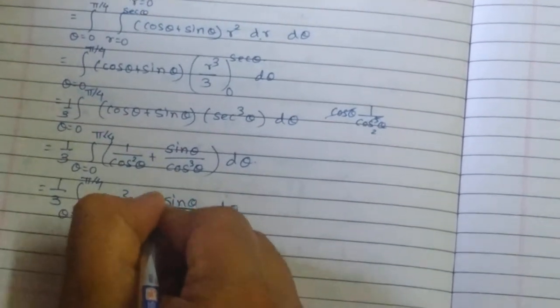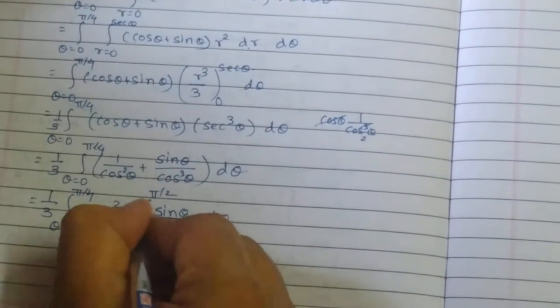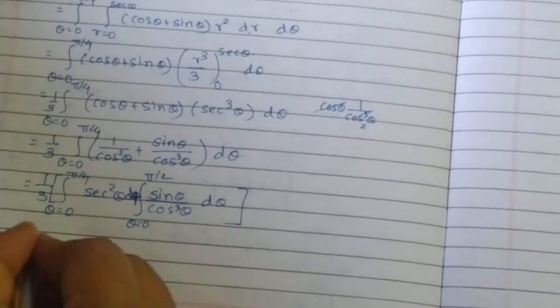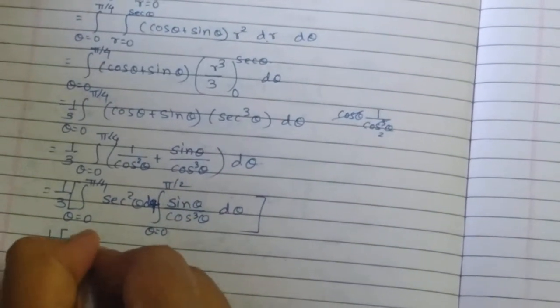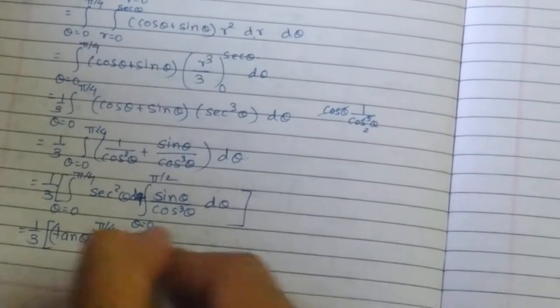What we do is here I write d theta, theta 0 to pi by 4. Here in between plus. That means I separated the integral over two terms. Now evaluation of this integral is quite easy. What is the integration of sec square theta? It is tan theta, limits from 0 to pi by 4, plus.